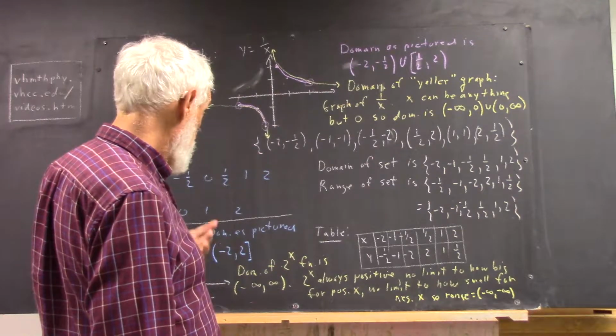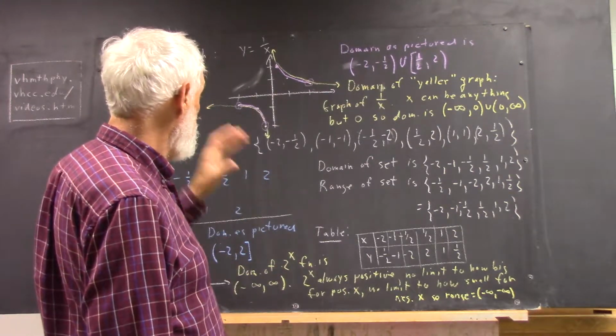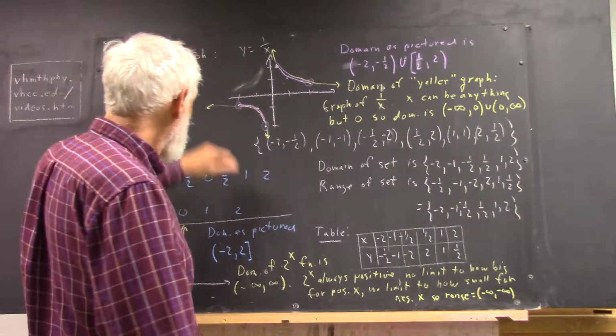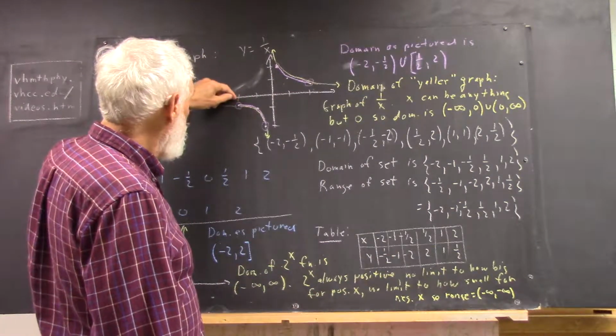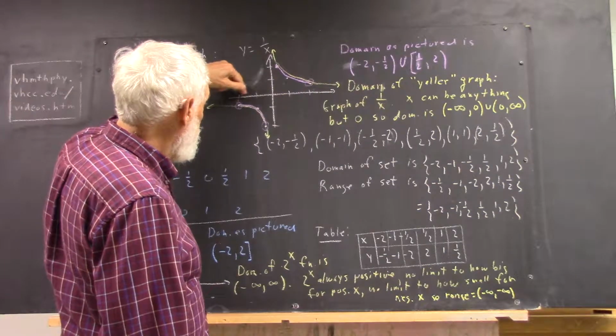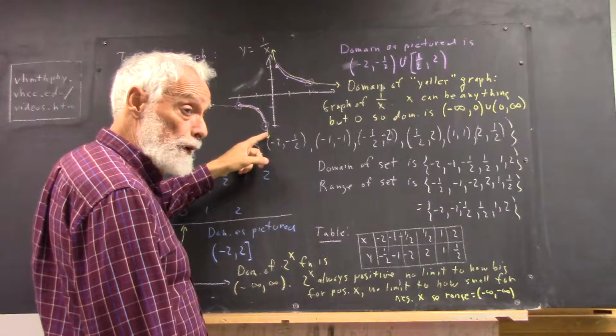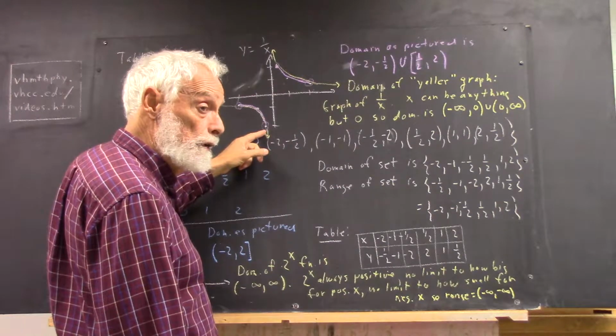So we say the domain, as pictured, is the set of all x values. Well, we have all the x values from -2 to 1/2, except we don't have -2 and we don't have 1/2 because these points aren't included.